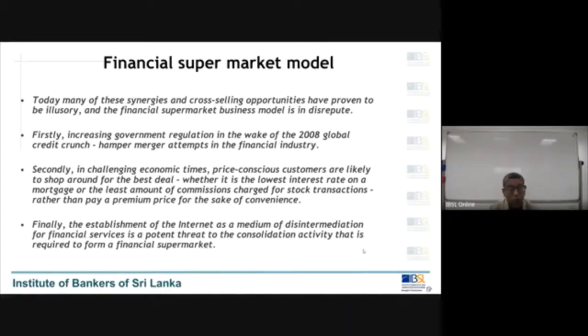You have more strength, and also you can sell other products to the same customer. That is what you call cross-selling. So what is the main objective of the supermarket model or financial conglomerate? For the organization to enjoy synergies as well as cross-selling opportunities.